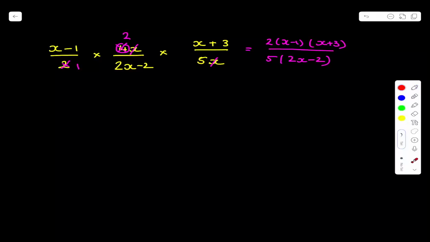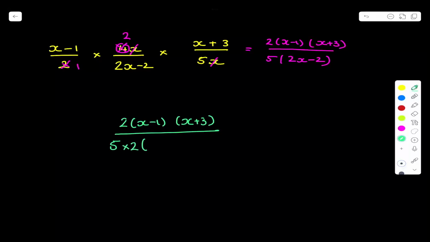And we could go a step further, because in 2x minus 2, 2 is a factor, so we could remove 2 as a factor. So my numerator still stays 2 times x minus 1 times x plus 3, but my denominator, I still have that 5, but I can remove 2 out as a factor, and that would mean that I'm left with x minus 1.